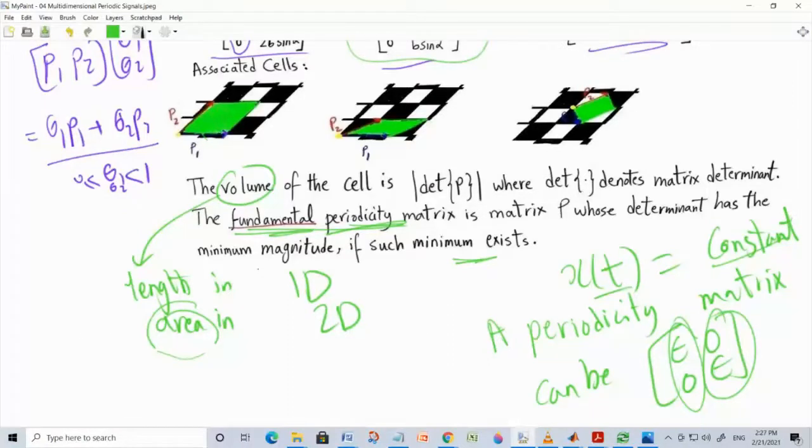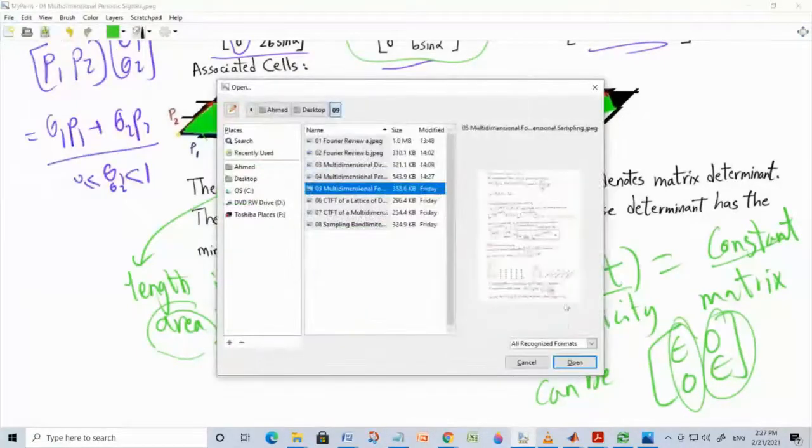But the good news is, if you want to do the Fourier series and so on, you do not really need to find this guy. The Fourier series is, give me a P matrix and I can do the Fourier series. You do not really need to obtain the fundamental periodicity matrix, which has the determinant with minimum magnitude. Any question?